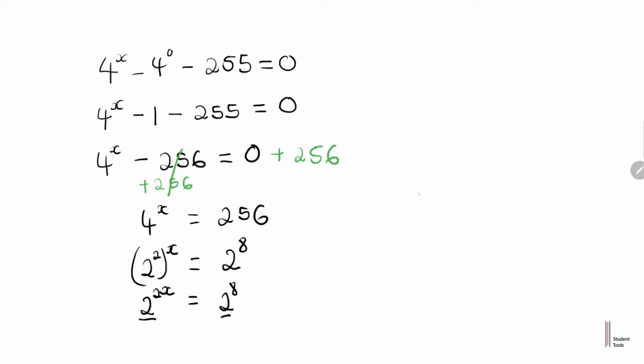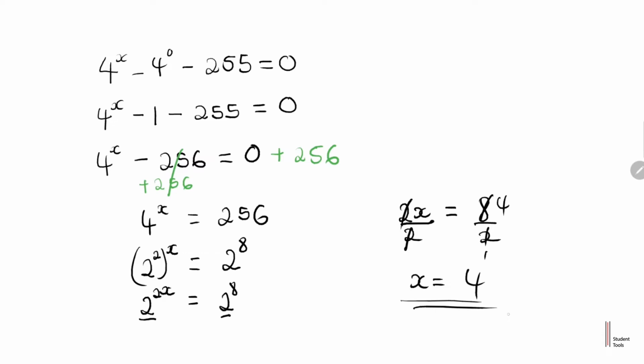So we can now say 2x, which is from the index, equal to the other index, which is 8. So to solve for x, we will have to divide by 2 both sides. This will cancel this, and 2 here once, 2 here 4 times. So x is equal to 4. And that is just how we solve for x in this case. Next question.